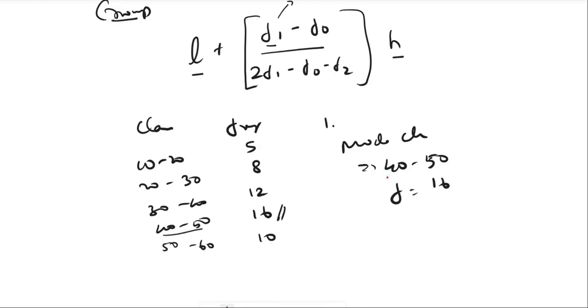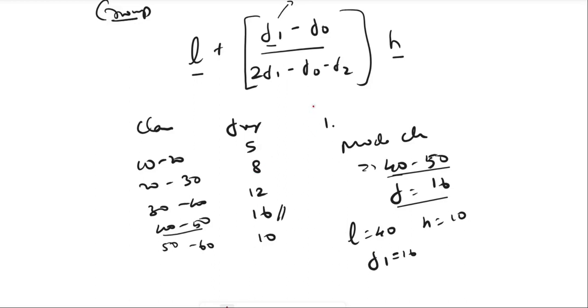Its frequency is 16. With this we can identify that L is the lower limit of that class, and H is the size of the class. F1 is the frequency of the modal class. We have 40 to 50 as the modal class, so F1 is equal to 16.